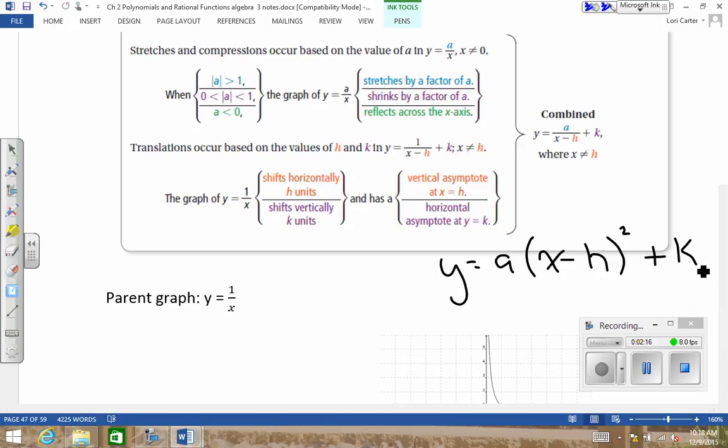Compression. If it's negative, it did what? No, negative, no. Fractions compressed it. Whole numbers stretched it. Negatives flipped it, right? Flipped it. Okay, what's the H? X move. Or the X part of your vertex is squared. And the K is the Y move.